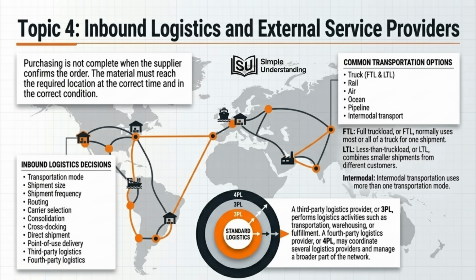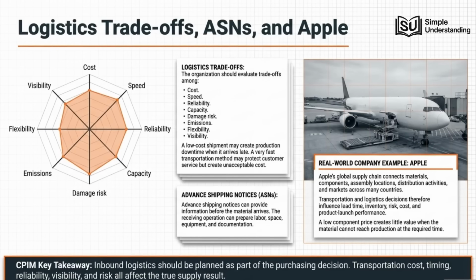A fourth-party logistics provider, or 4PL, may coordinate several logistics providers and manage a broader part of the network. The organization should evaluate trade-offs among cost, speed, reliability, capacity, damage risk, emissions, flexibility, visibility.